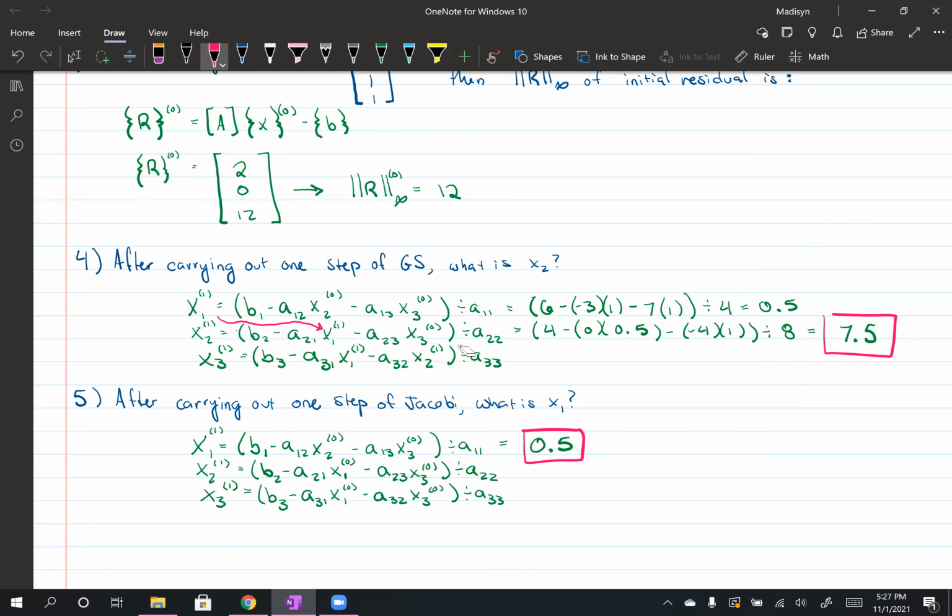Oh, the equation for finding the number of floating point operations is different for direct methods and iterative methods. Let's see, I was just looking at that equation. Oh, I passed it.